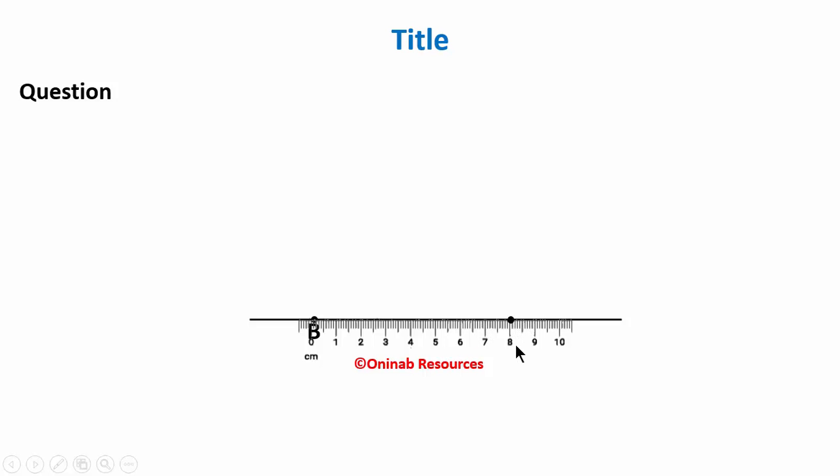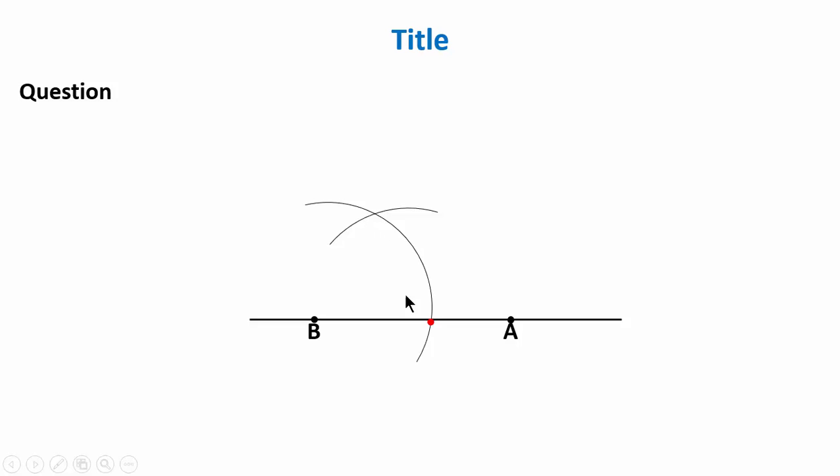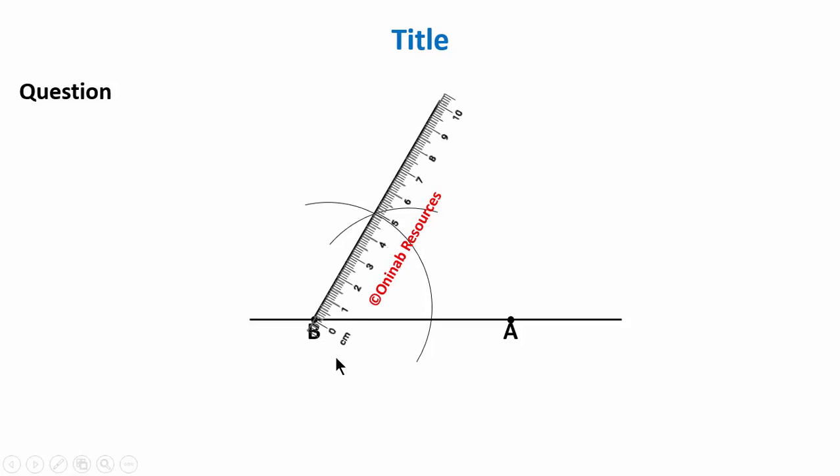Mark it out, remove the ruler, and you have your A. Then the next thing is take B as center, then open convenient radius, draw an arc to touch line AB, then take this point of intersection of this arc and the line as center, then draw another arc to touch the first arc. Then we now join this and this, so you place your ruler and join.